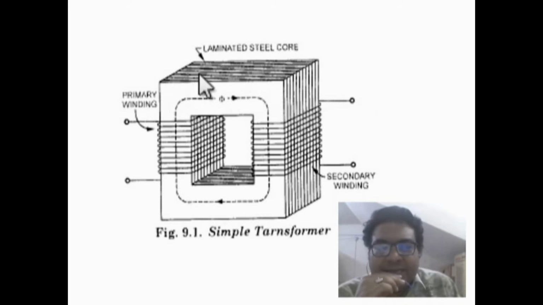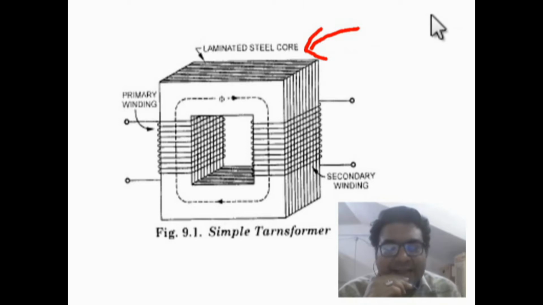See here, these are the laminated iron core structure. This is lamination, because in order to reduce eddy current loss we use laminations of iron core. We do not use a solid core of iron in a transformer because of eddy current loss.